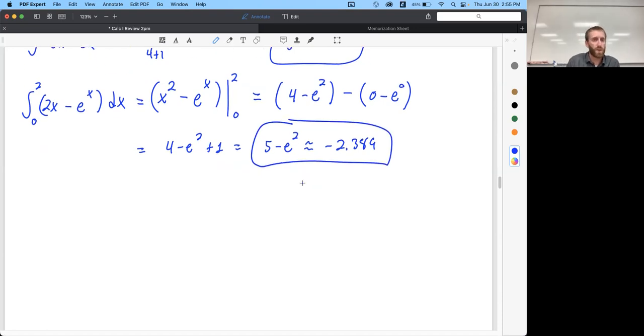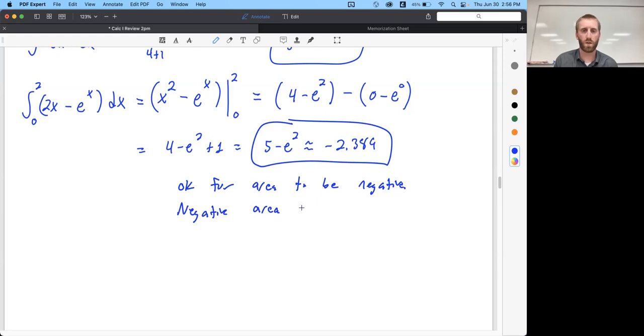And it is okay for the area to be negative. Negative area is area below the x-axis.